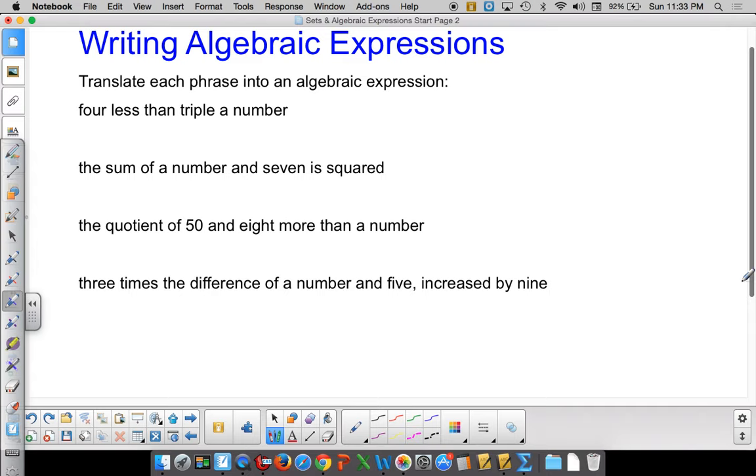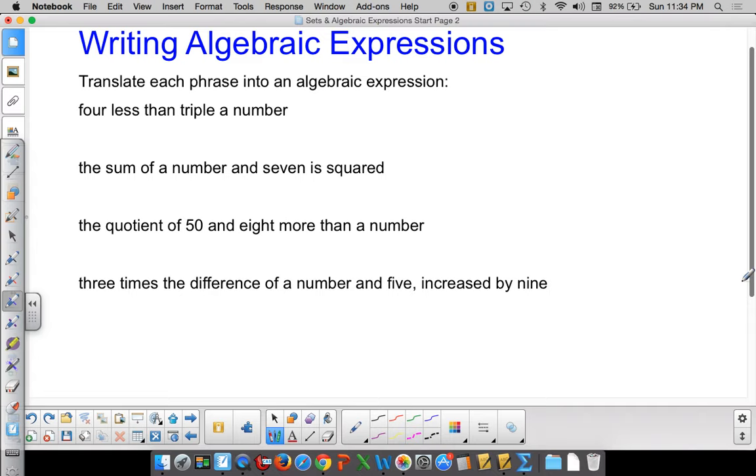So in this particular case, we have 4 less than triple a number. Okay, you have to think about what the words mean. 4 less, okay, well probably you're going less. Less means subtract. So 4 less than triple a number. How do I triple a number? I triple a number by taking it times 3. Pick any variable you like to represent your number.